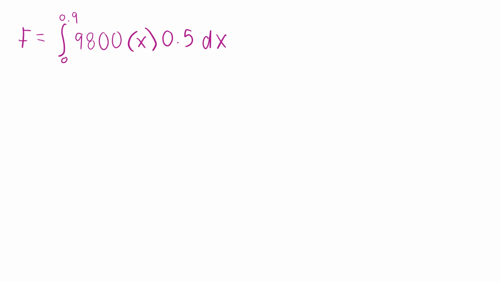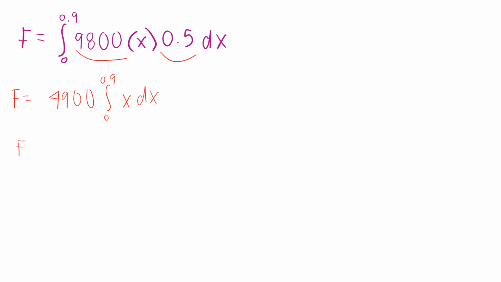Now to evaluate the integral, we will do the same thing that we did for the larger sides. Take out the constants, which are 9,800 and 0.5. If we multiply those, we get 4,900. And then we are left with the integral of x, integrating with respect to x on the interval from 0 to 0.9 meters.